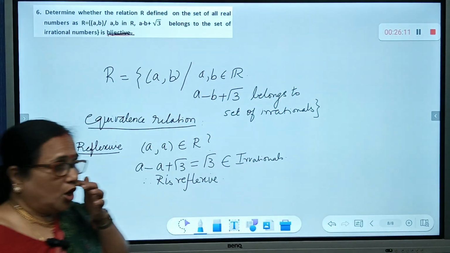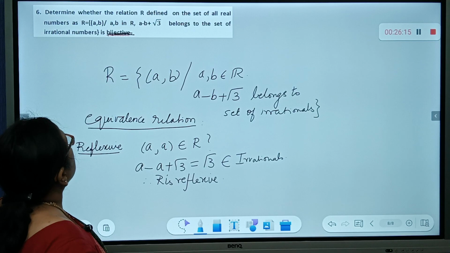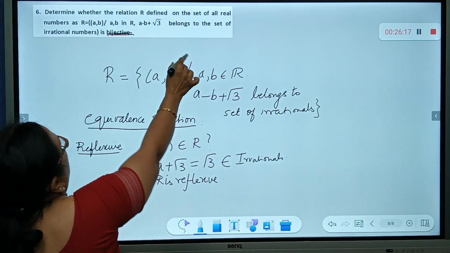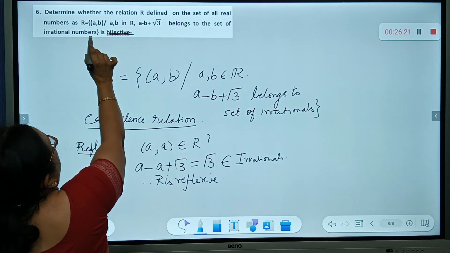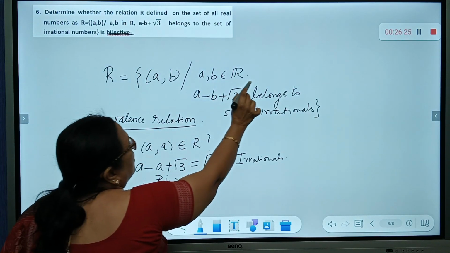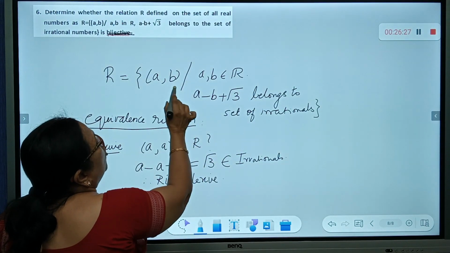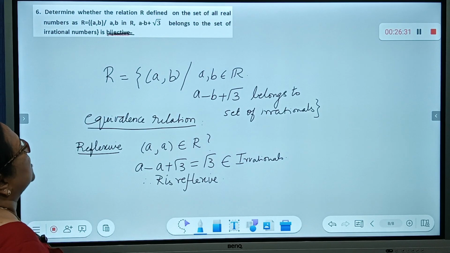So just for recalling, what is the definition of an equivalence relation? So we are actually here proving that the relation defined on the set of real numbers as R equal to the set of all a comma b, where a and b are real numbers, they are related if a minus b plus root 3 belongs to the set of irrationals.